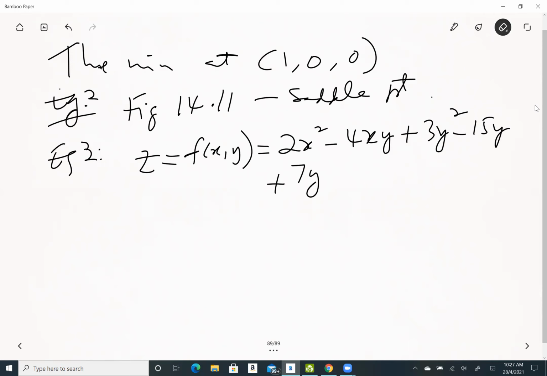Okay, that 15 is not y, it should be x. So that is the equation.